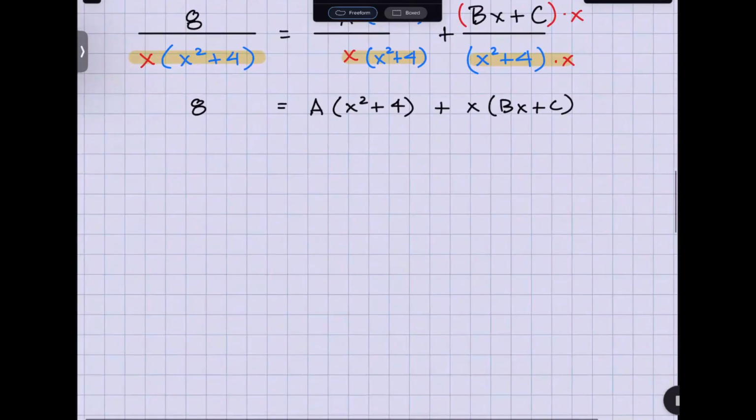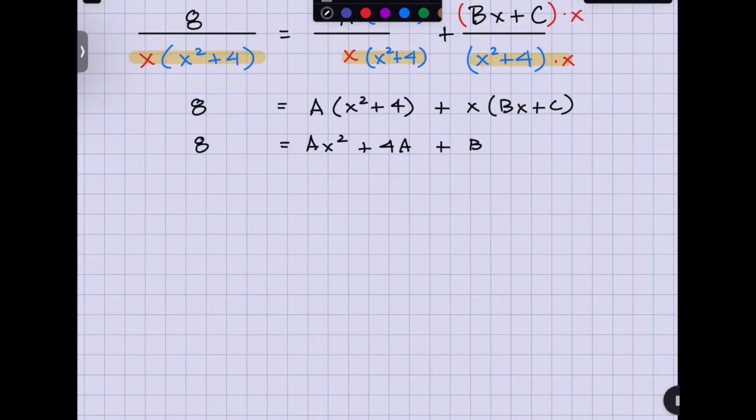So would you agree with me that 8 is equal to Ax squared plus 4 times A plus Bx squared plus Cx? Did I do my math right? Are you okay? So far, so good? Not too bad, right? Okay.